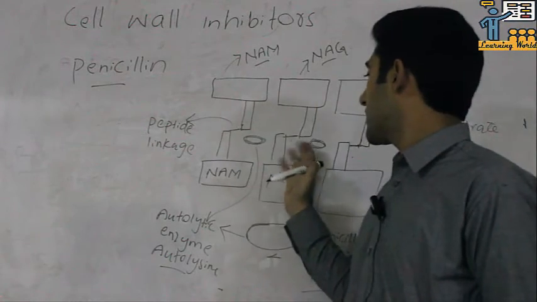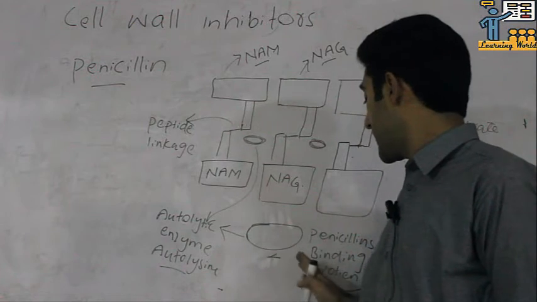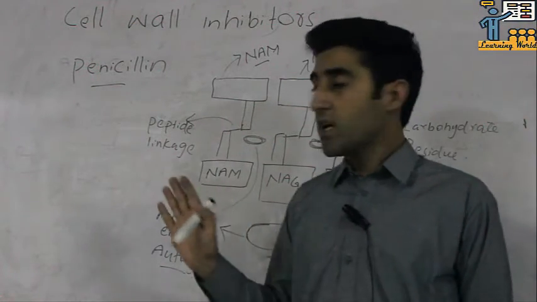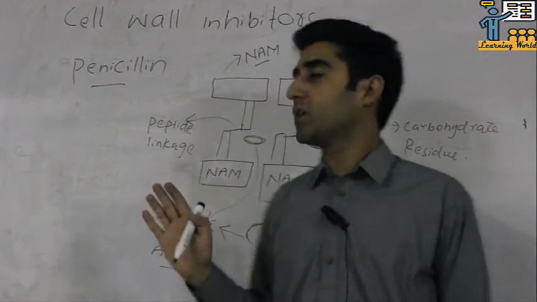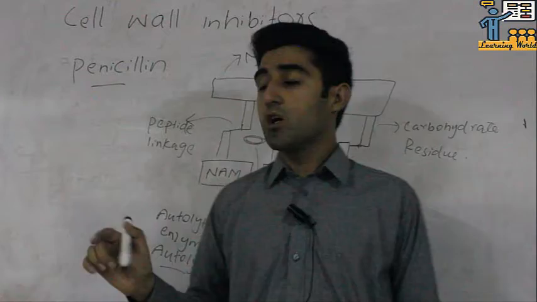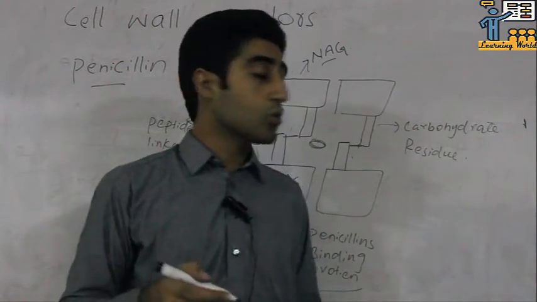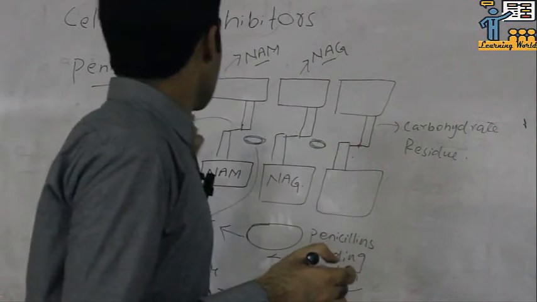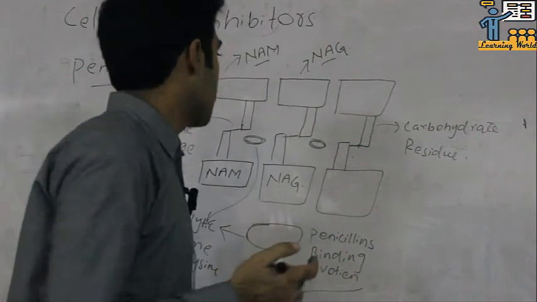They will break the peptide bond present between the layers of the cell wall of the bacteria, so they will break the structure of the cell wall. So the cell wall synthesis of the bacteria will be stopped.